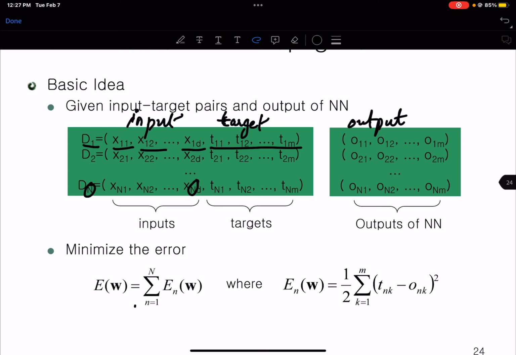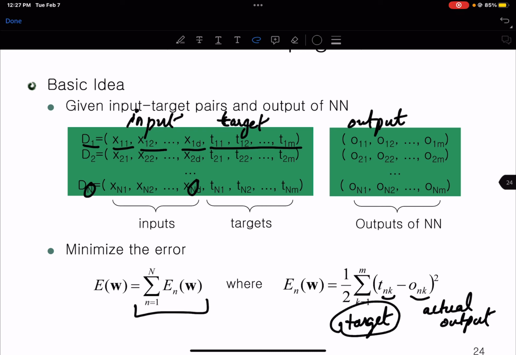So we can rewrite this error function. T is the target, what we want to achieve, and O is the actual output that we obtain from your neural network.